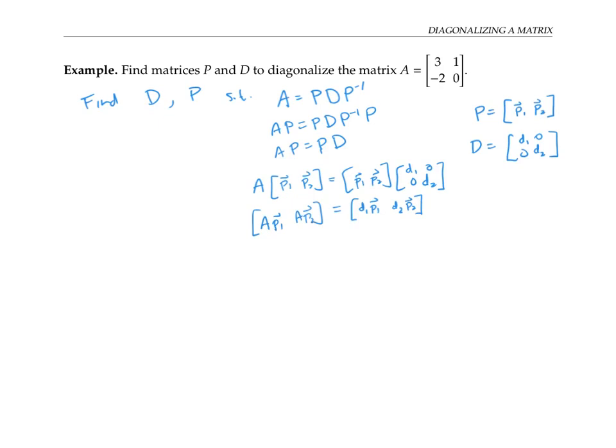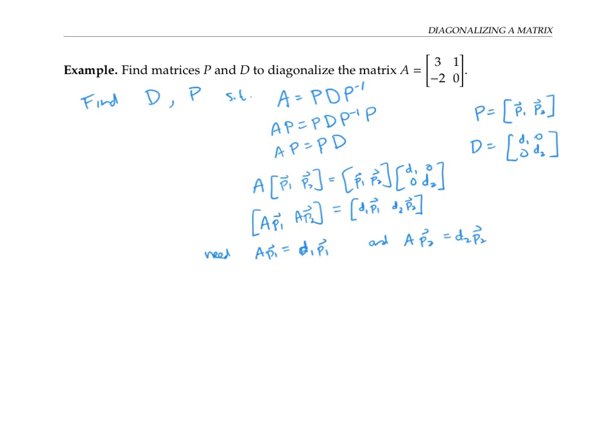So this means that we're looking for vectors P1 and P2 and numbers D1 and D2 so that A times P1 equals D1 times P1 and A times P2 equals D2 times P2, so that these two sides of the equation will really be equal. Does that remind you of anything?